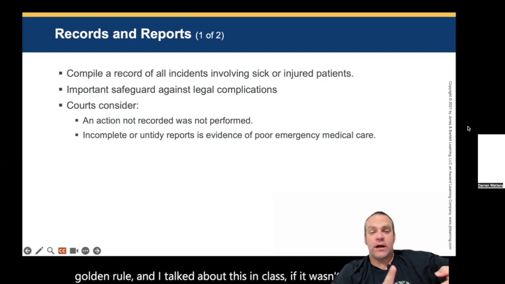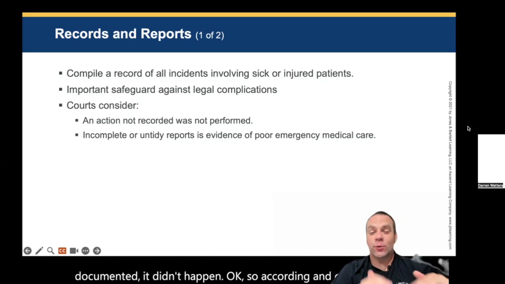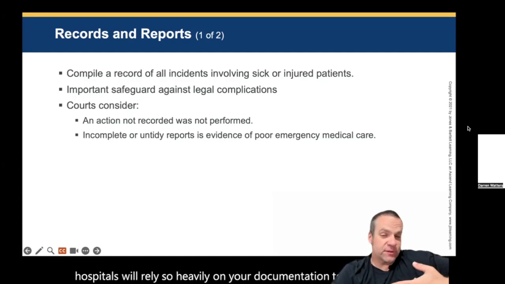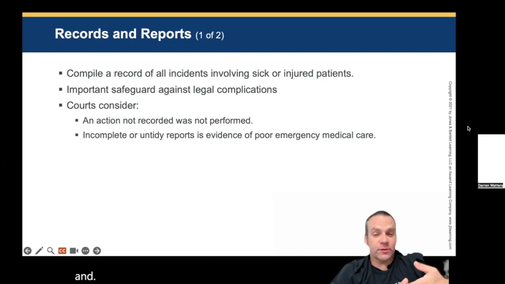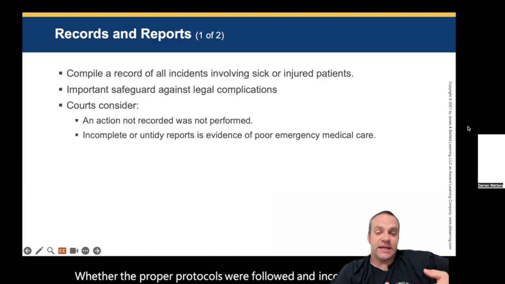Courts and hospitals will rely so heavily on your documentation to determine what care was provided, what was observed, what was said, and whether the proper protocols were followed. An incomplete or messy patient care report can suggest inexpert or negligent care, even if what you did in the field was appropriate.